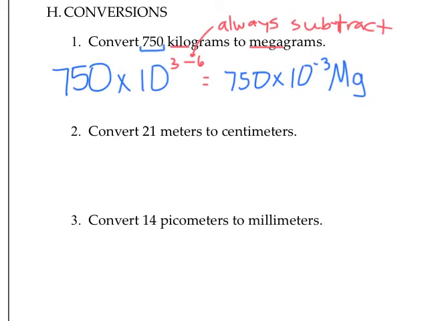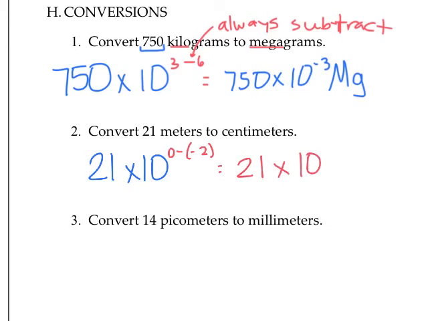For our second example, we've got 21 meters to centimeters, so we're going to say 21 times 10. Notice that there's no prefix right here in front of meters, so our exponent will be a 0. Okay. And then remember, we always subtract. Centi is -2, so that's going to leave us with 21 times 10 to the 2 centimeters.